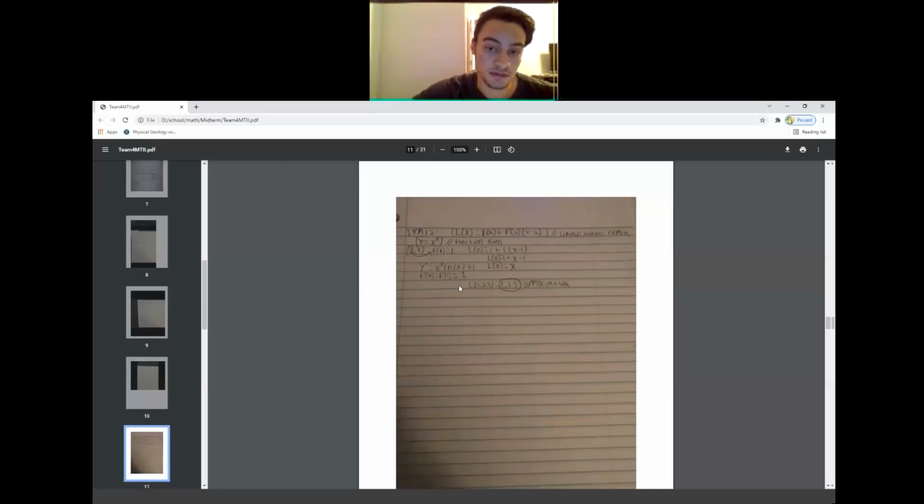So L of x equals x. Then the input we're estimating for is 1.25, and since L of x equals x, we put in 1.25 and our approximation is 1.25 for the output.